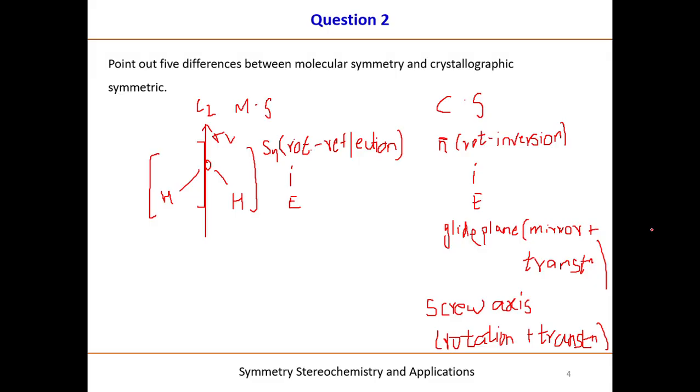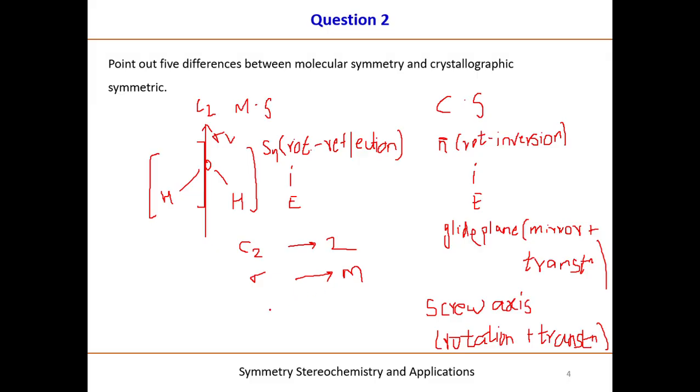In molecular symmetry, we denote the rotation axis by C2, while in crystallographic symmetry it is denoted by 2 only. And in molecular symmetry, the plane of symmetry is denoted by sigma, while in crystallographic symmetry it is denoted by M, the mirror plane.